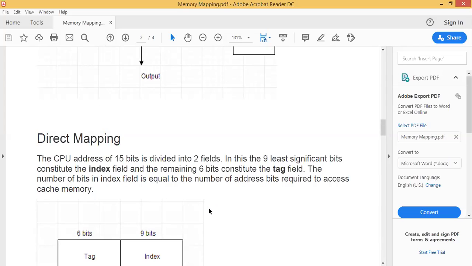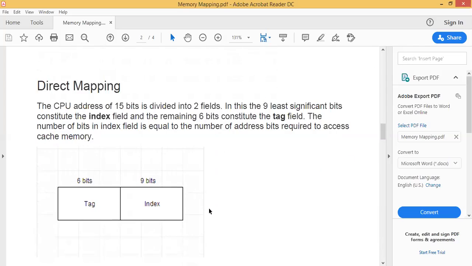Next topic is direct mapping. In direct mapping, the CPU address of 15 bits is divided into two fields. The last 9 least significant bits constitute the index field, and the remaining 6 bits constitute the tag field.